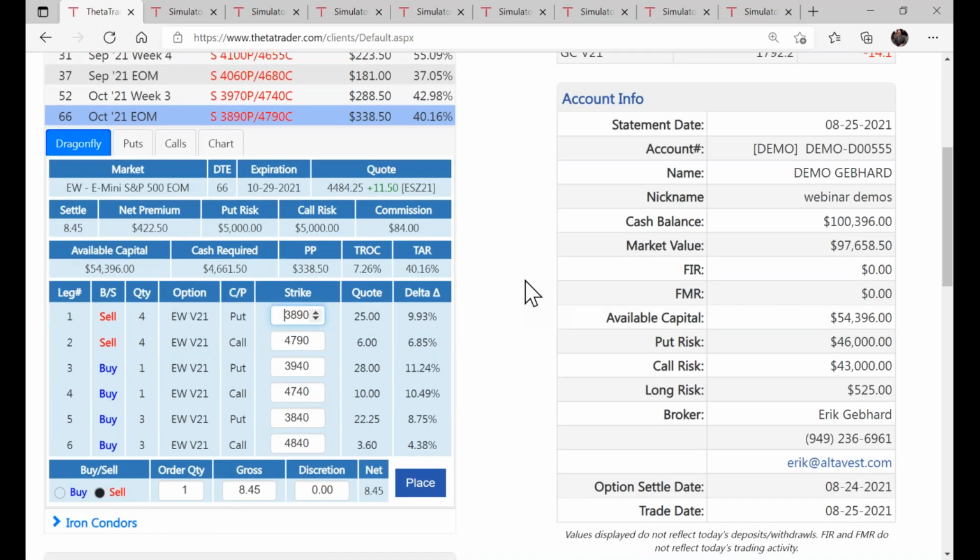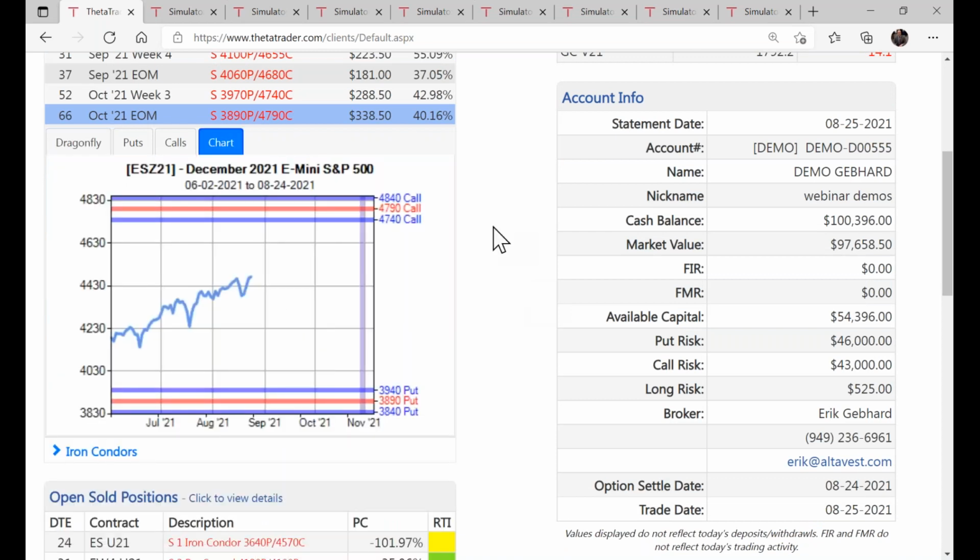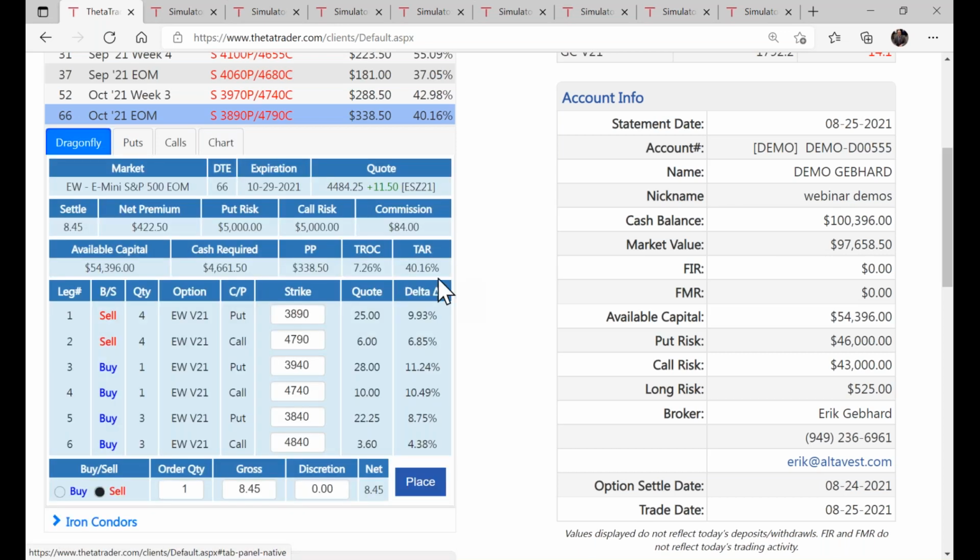Okay, so you'll notice the Dragonfly structure as we saw in the presentation. And let's look at this other matrix here, and you'll see that the targeted return on cash is a little bit lower than the equivalent Condor. Remember, it was just about 10 or 11%, I believe. So now this is a little bit over 7%. And why is that?